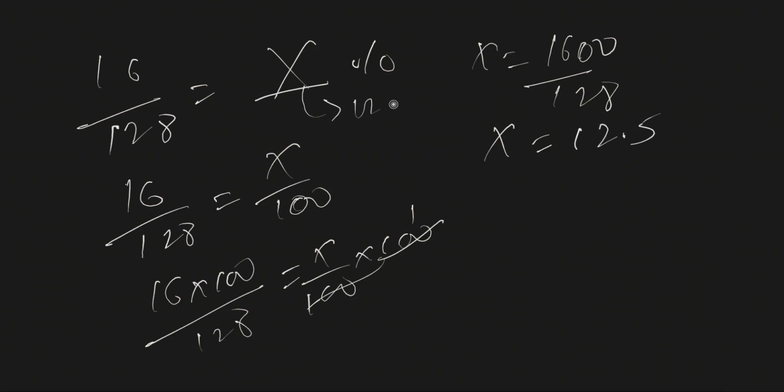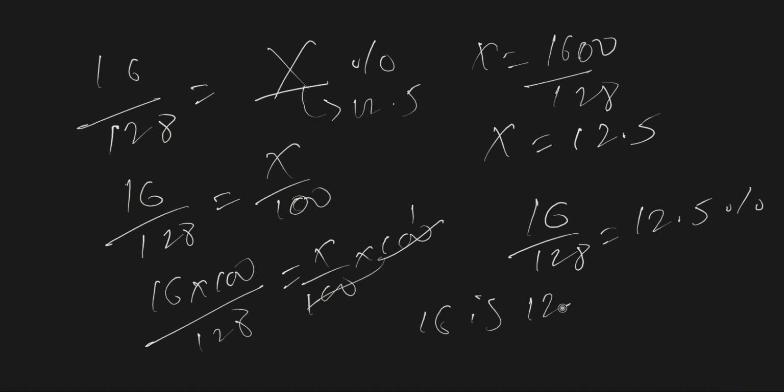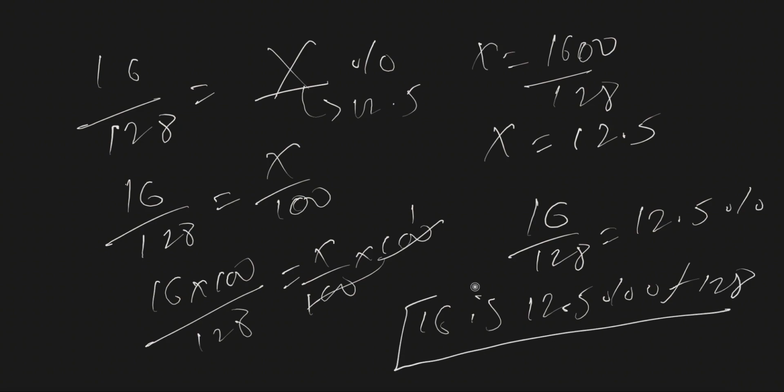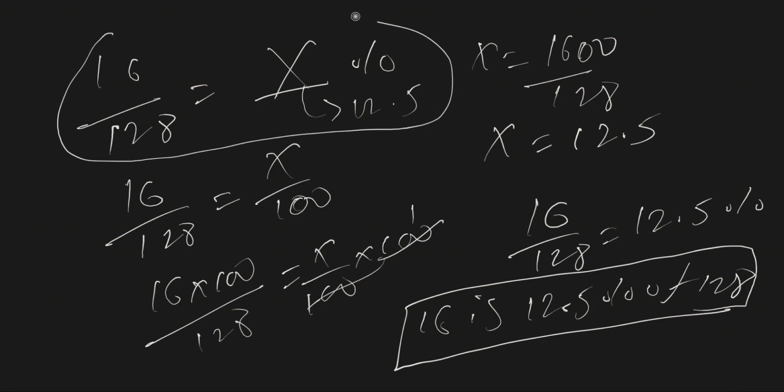So 16 over 128 is 12.5%, or 16 is 12.5% of 128. This is another way of saying the same thing.